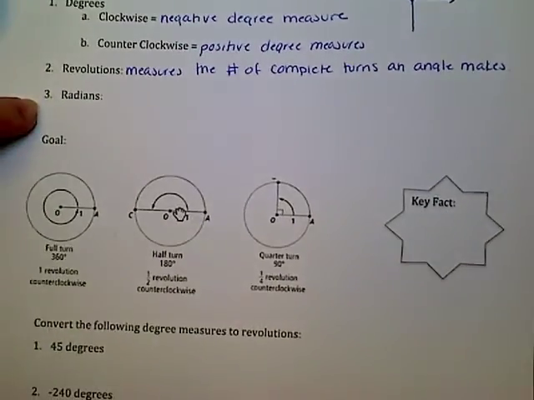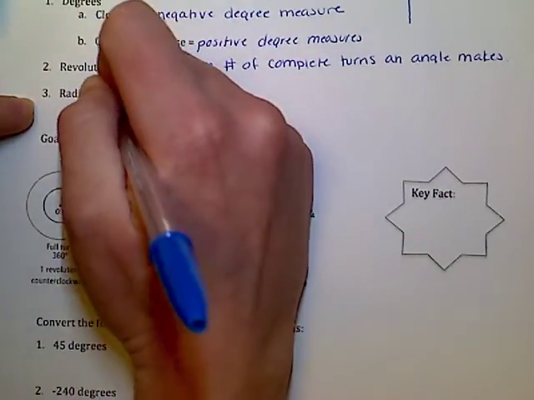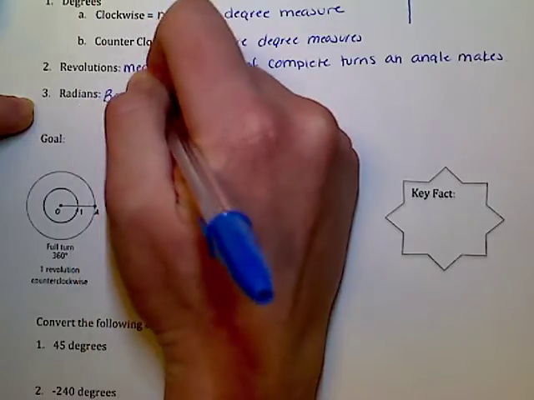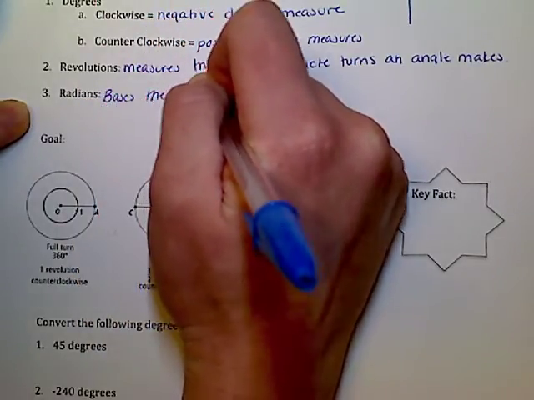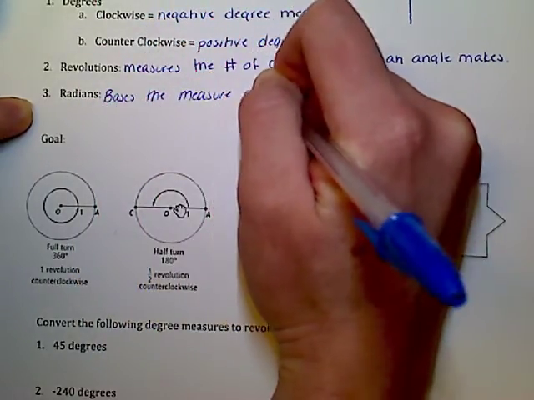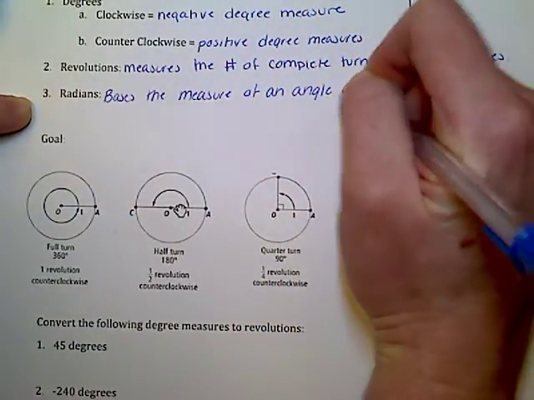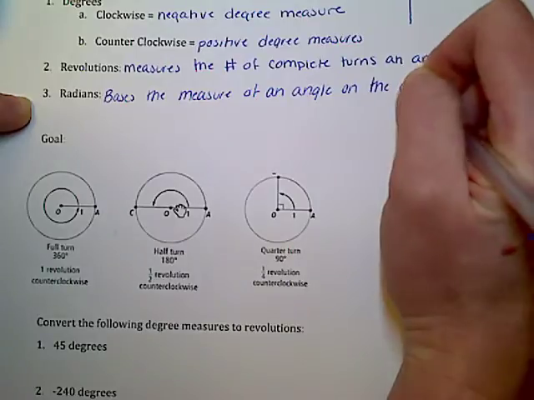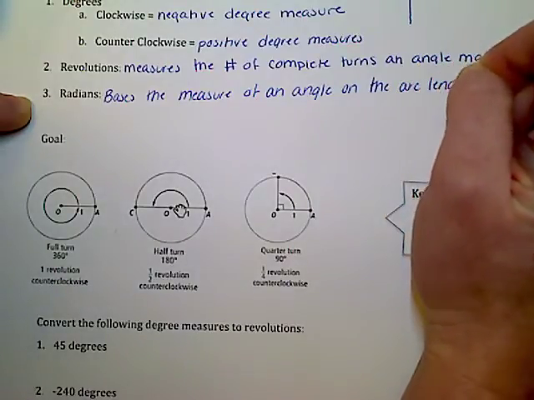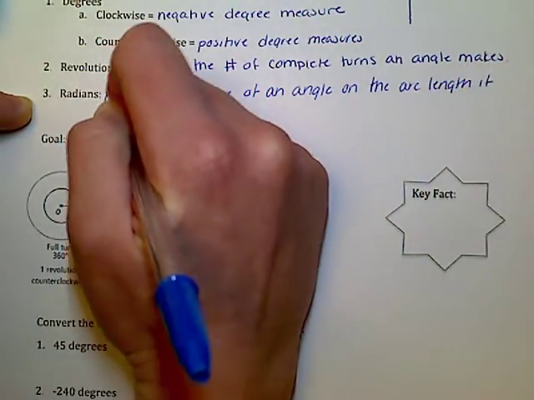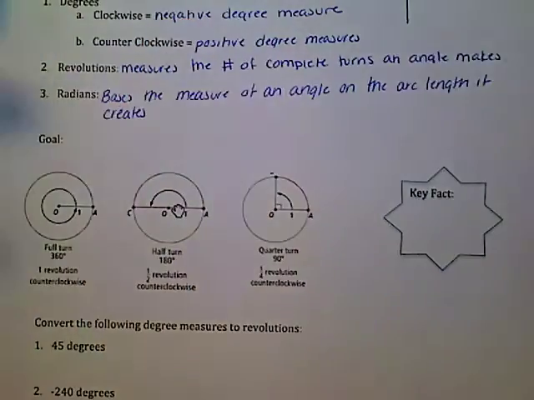And then radians bases the measure of an angle on the arc length it creates.